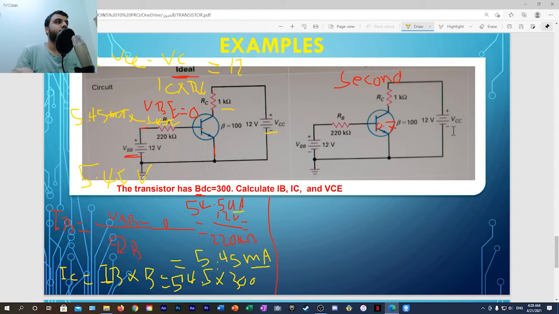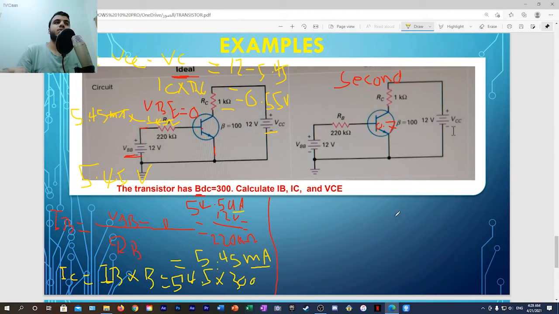So we found VC. VCE equals VCC minus VC, 12 minus 5.45. So the answer will be how much? 6.55 volt by calculator.